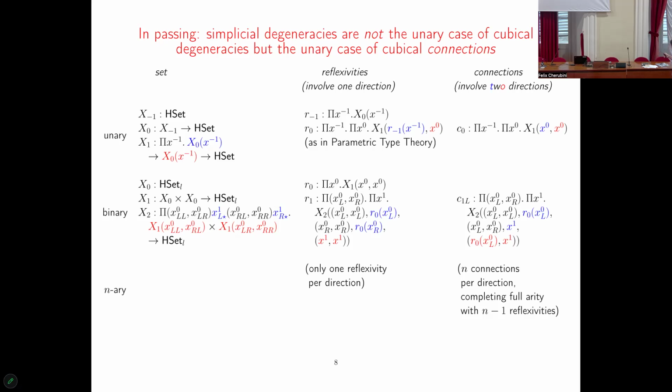This is in which sense I'm saying that the degeneracies of semi-simplicial are just the connection move, where you move from the dimension 2 to the dimension 1.